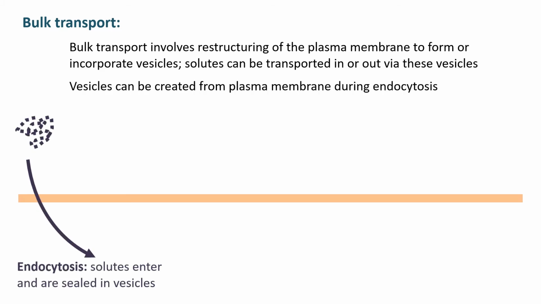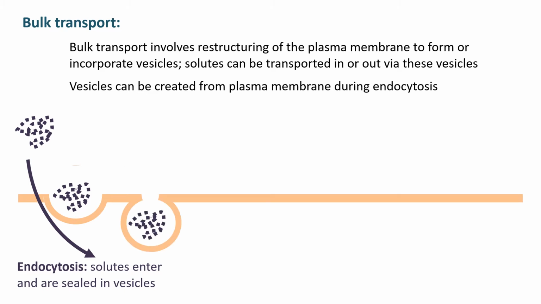So vesicles can be created from the plasma membrane during endocytosis. Endocytosis is the movement of solutes into the cell. So the solute moves through the plasma membrane. The plasma membrane invaginates, it folds up to form a little pocket around those solutes.